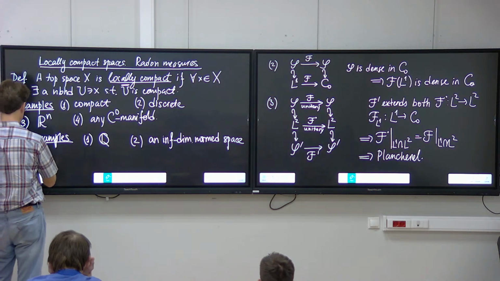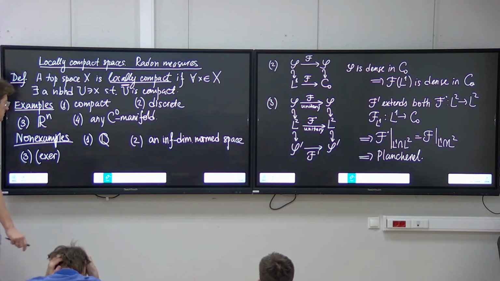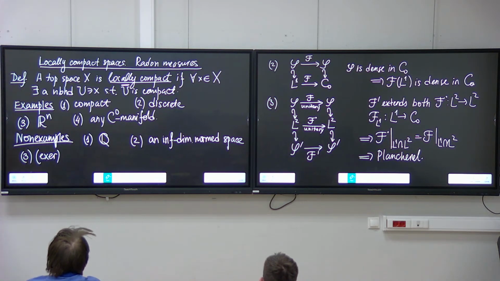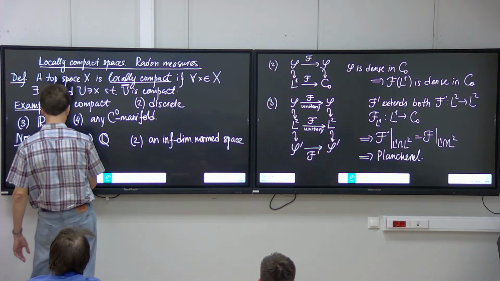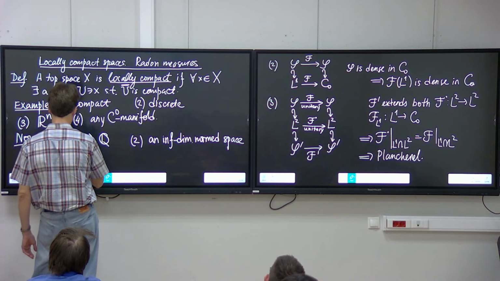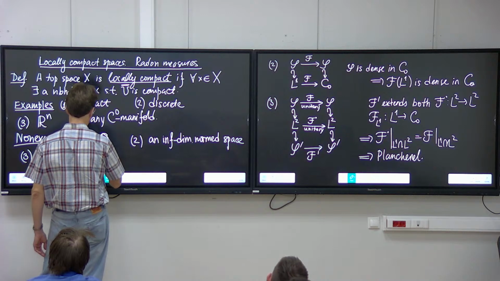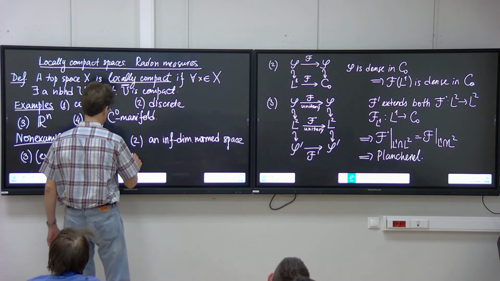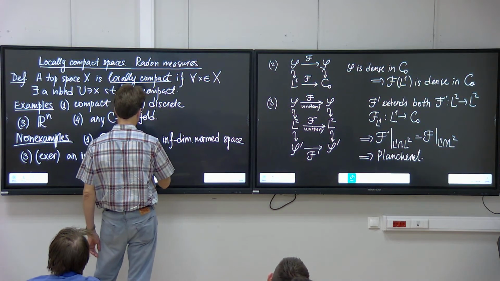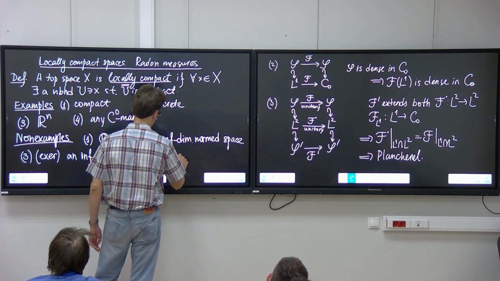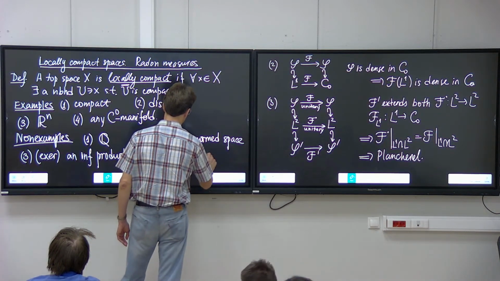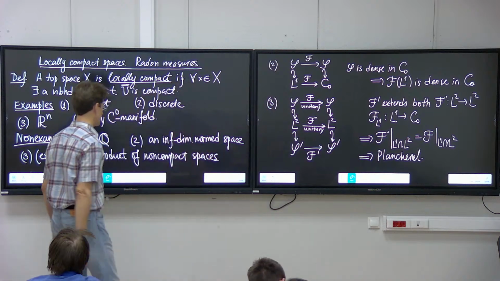Also, and this is a simple exercise for you, if we take the product of infinitely many non-compact spaces, then we get something which is not locally compact. An infinite product of non-compact spaces is not locally compact.